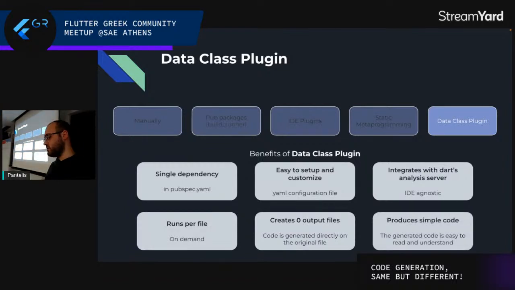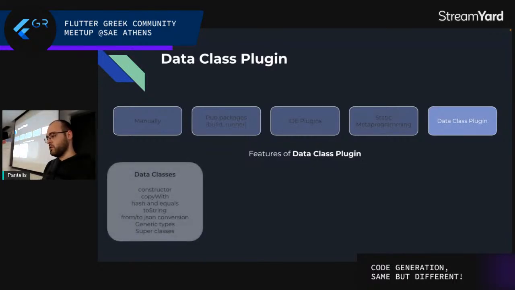And also it produces simple code, which is easy to read and understand, which is very important in the development process. So you can debug why it's not generating what you're expecting. And also, as we saw in the crash reports, it can speed up the time to find the error.